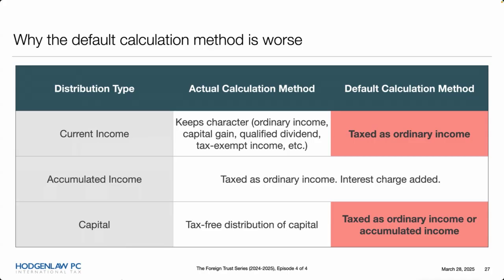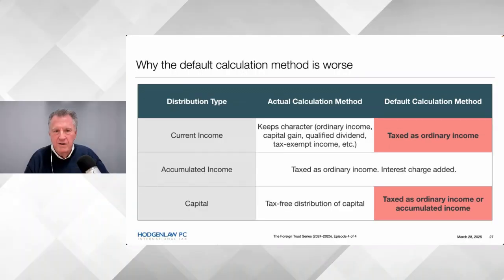So we've done some reverse alchemy here. We have converted some gold, tax-free capital, into lead: ordinary income at best, and accumulation distribution income at worst. So this is why invariably I find that the default calculation method is just nasty.